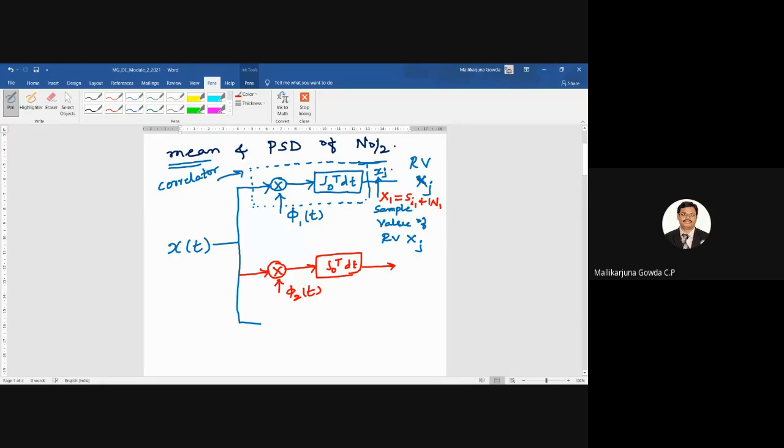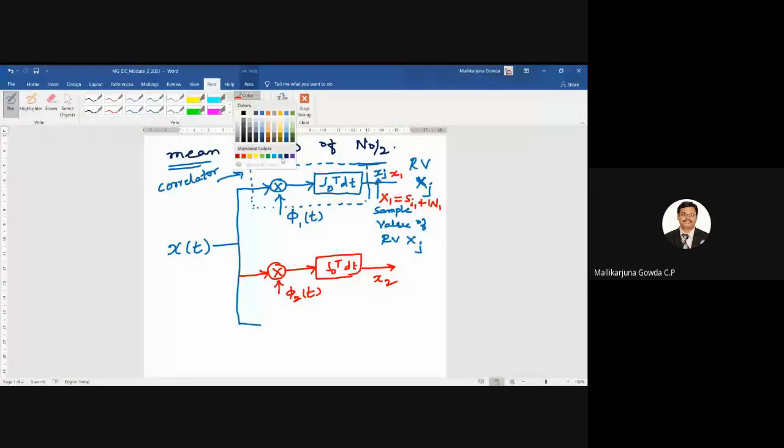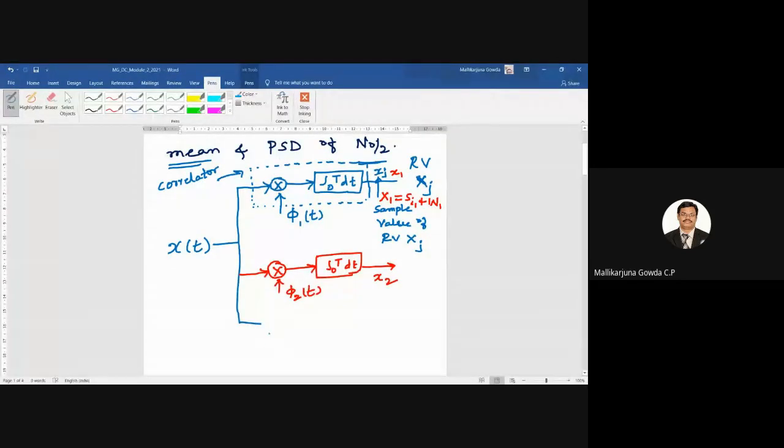Since j is 1 for the first one, it is small x1, equal to si1 plus w1. Here I wrote the general xj, and capital Xj is the random variable. In the same way, x2 is si2 plus w2.